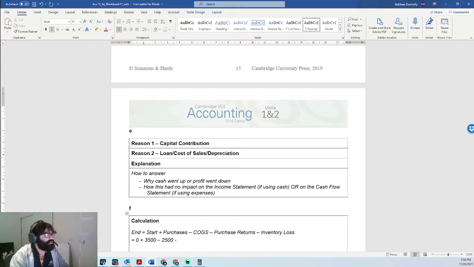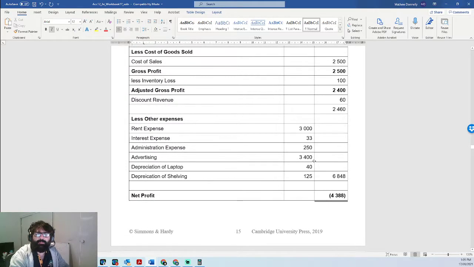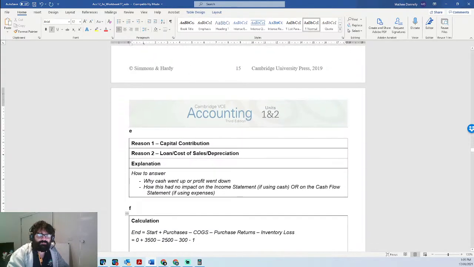Then we had purchase returns of 300. And we had an inventory loss, if we go back up, of 100. So we just need to put that through the calculator. Or have I missed something?